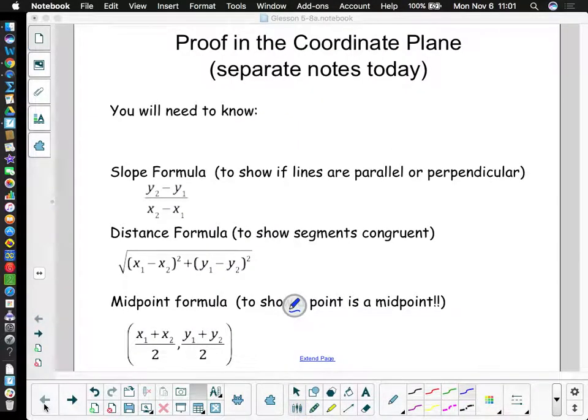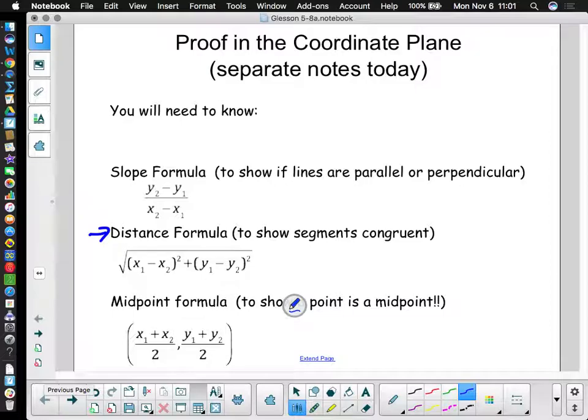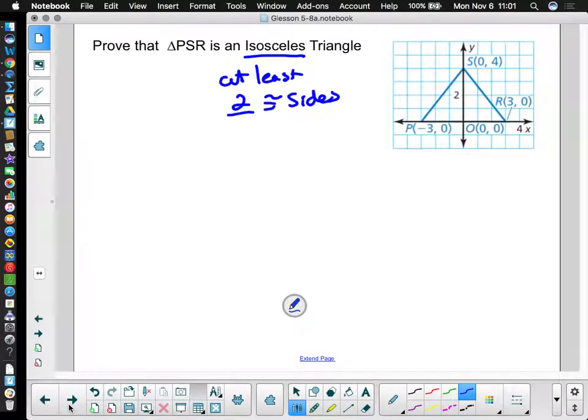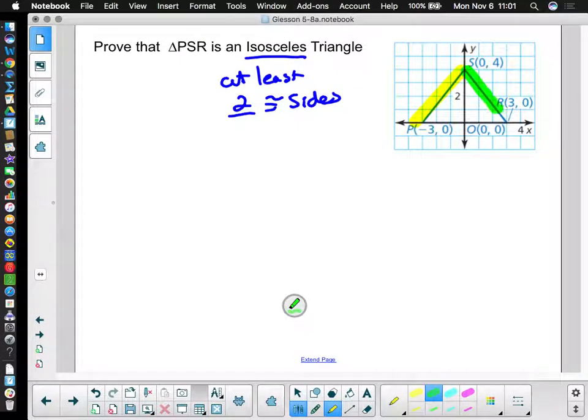Well, the easiest way to show congruence is the distance formula. Distance formula shows that segments are congruent by finding the lengths of the segments. So essentially I want to find the length of this segment and the length of this segment and show that they're congruent. By doing that, I've proven that this is an isosceles triangle. We don't need to find the length of the third side because, again, isosceles means at least two sides congruent. Once I have two, I can stop.